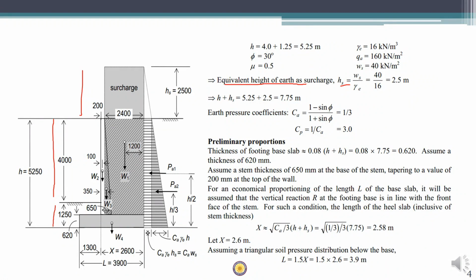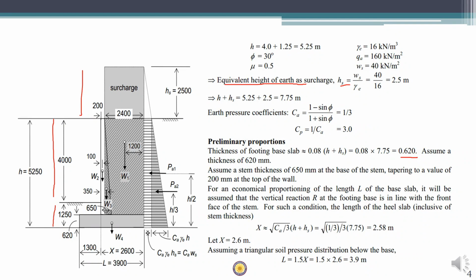For the preliminary proportioning, the first thing we learned is the thickness of the bottom slab or footing. The thickness of the footing is 8% of the total height, so we take 0.08 of total height H plus Hs, which comes to about 0.62.